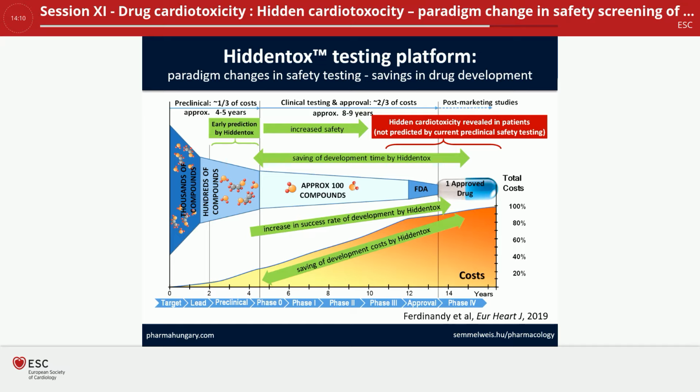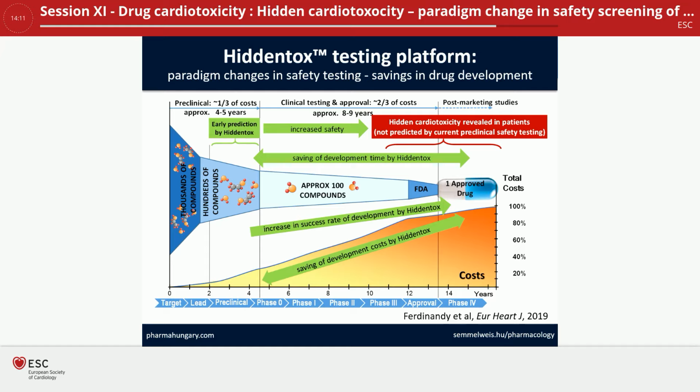As I showed in the beginning, hidden cardiotoxicity was revealed in patients during clinical trials and in post-marketing studies. Of course, this is not a good sign, because it should be predicted much earlier, in the preclinical phase. If we develop standardized testing platforms in the preclinical phase, we could increase the safety of the drugs because we could save these patients.